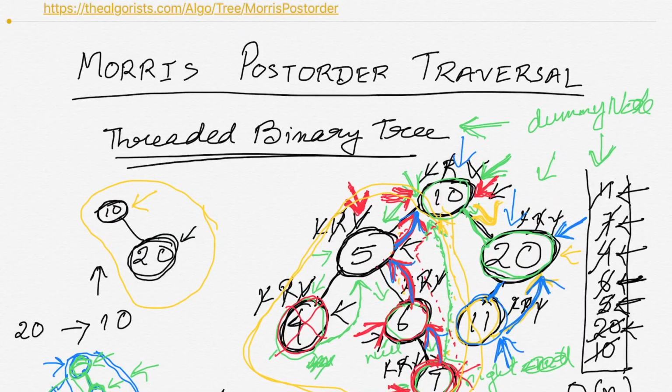See here, when we were printing 7, 6, 5, they also happen to be nodes of type root, and they were on the right side of the node with value 5.